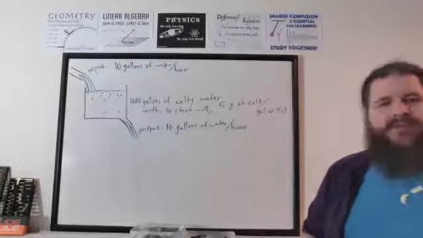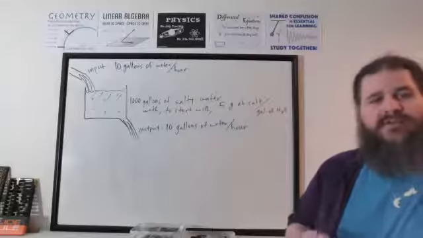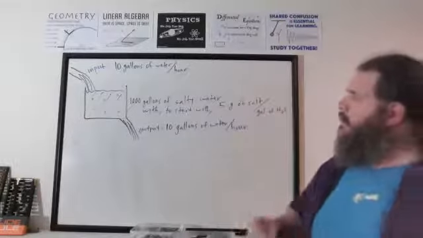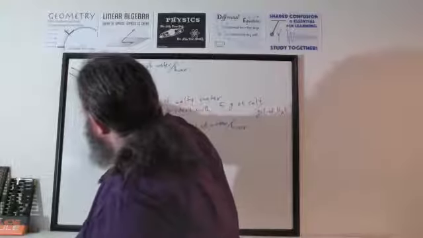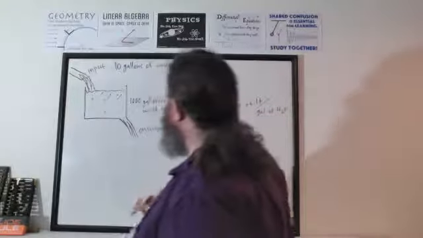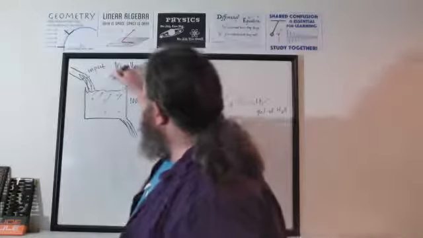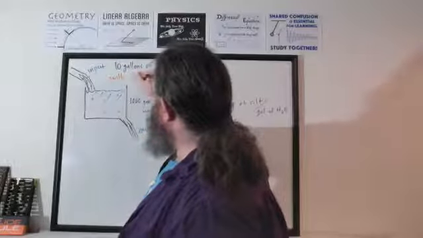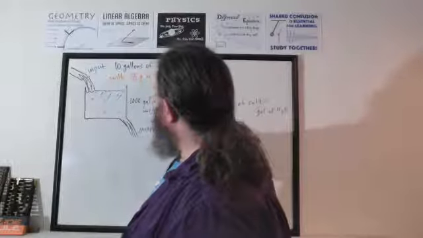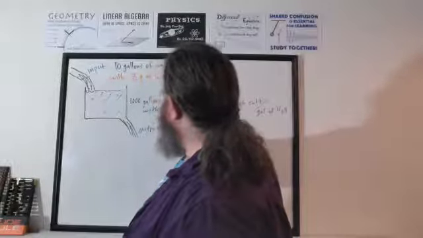And let's say we also know that the water that's flowing in has a certain amount of saltiness to it. Let's say the input is even more salty. Let's say the input has 8 grams of salt per gallon of water.